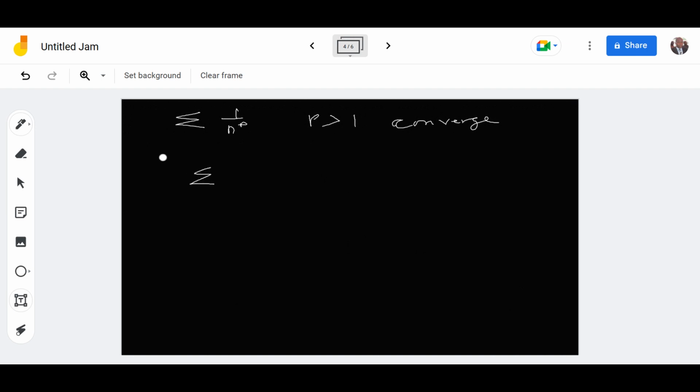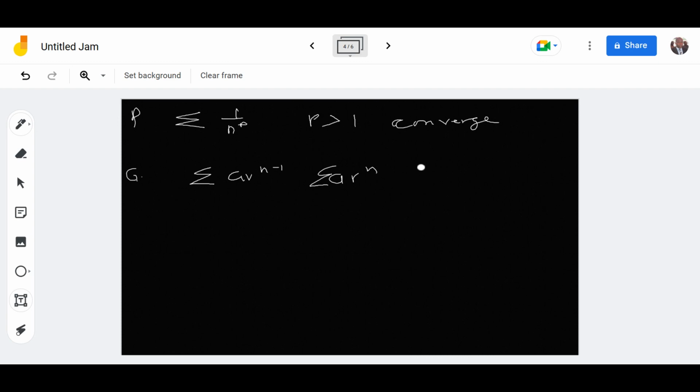Then there is a G series. The G series is always of the form a r to the power n minus 1. It's like a geometric progression. Or it can just be a r raised to the power n.